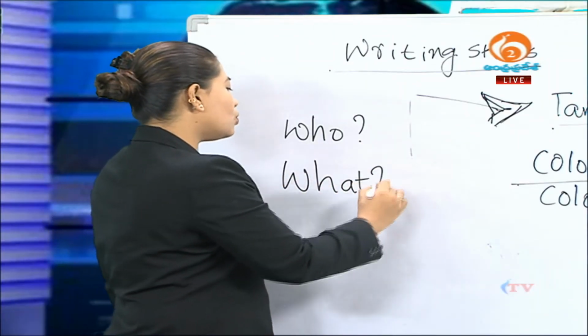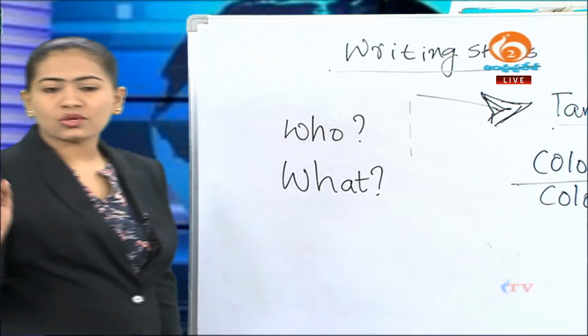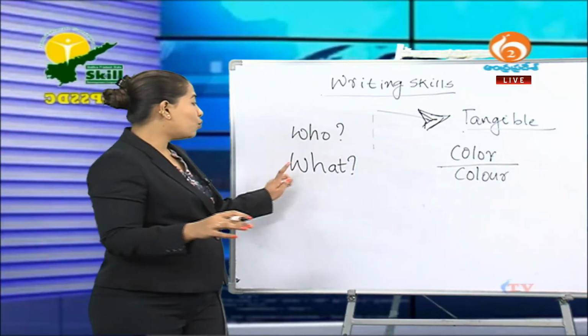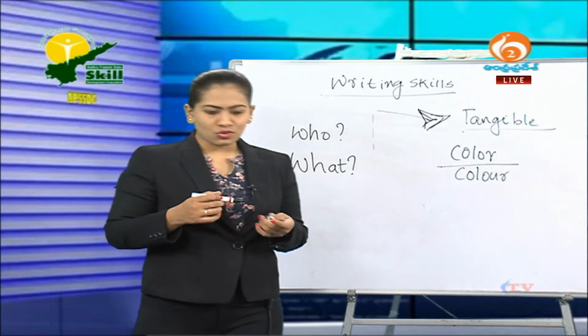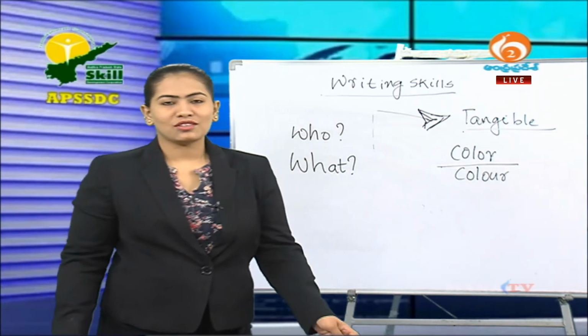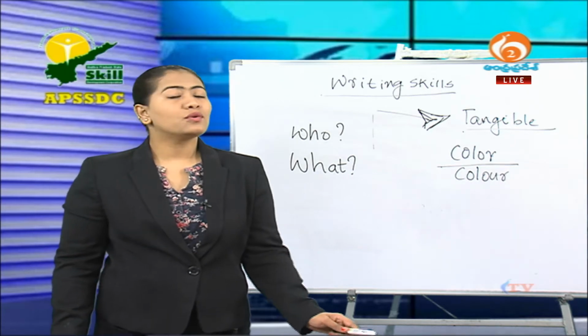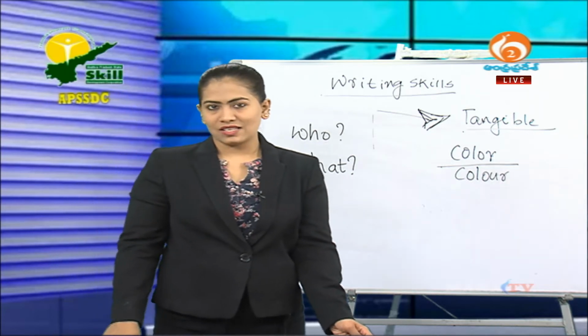Who you are writing this text or conversation to, and what you are writing. If you have clarity about these two W questions, you can really make sense as a writer, be it an email communication that you're drafting or an official business communication.